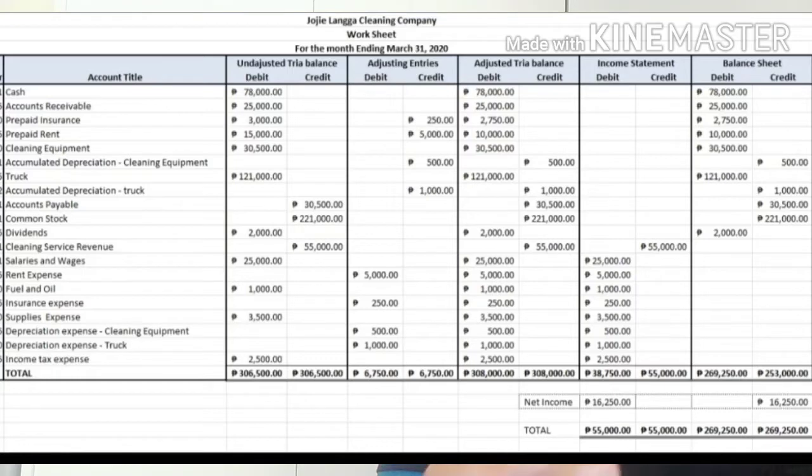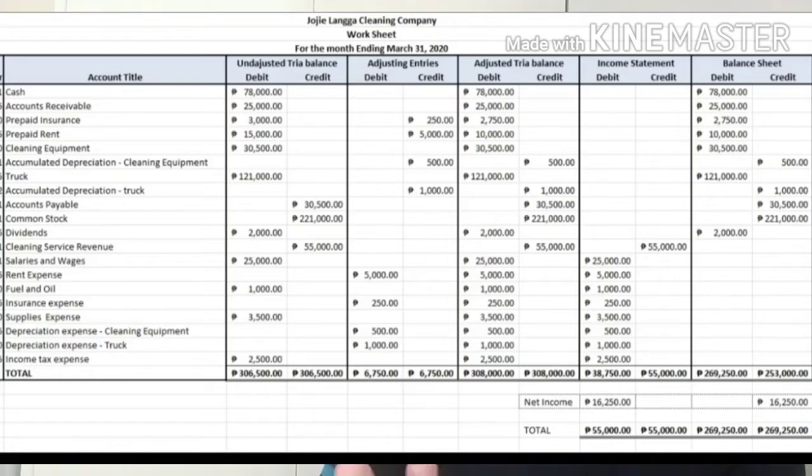Then we will select the accounts that become part of the income statement, and those accounts that belong to the balance sheet. So I'll show you this worksheet where we can make the adjusted trial balance very easily.